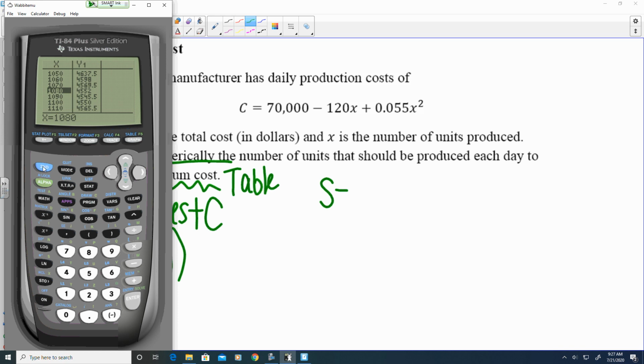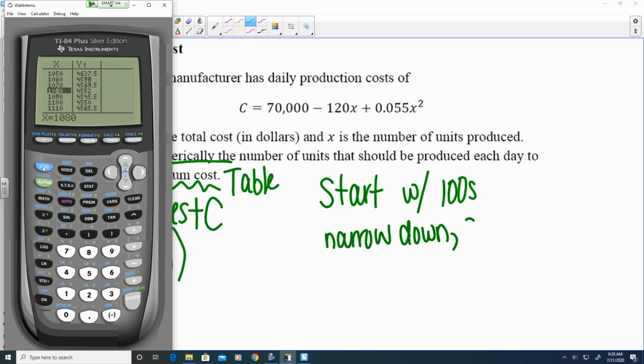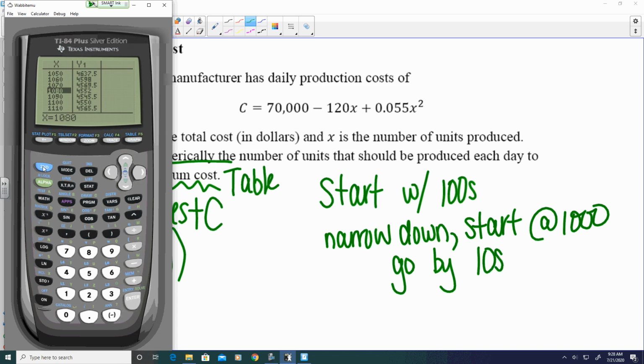I'll write our steps down here. Start with 100s. Narrow down. Start at 1000 and go by tens. That's what we did here. Narrow down.